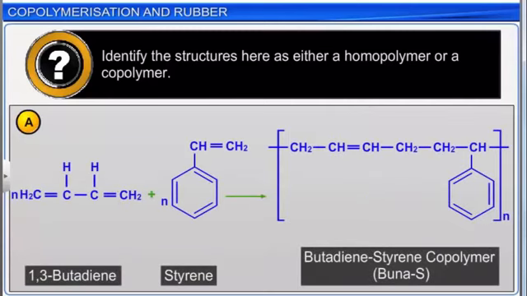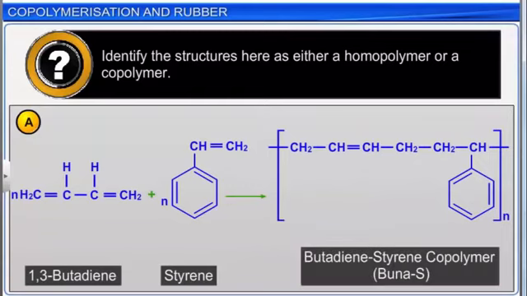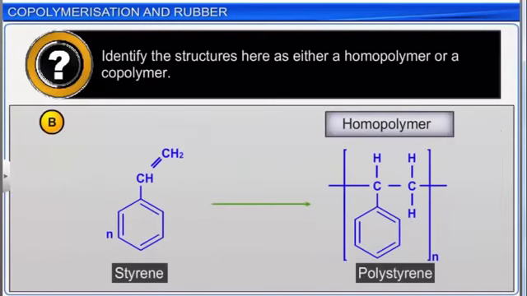Structure A is a butadiene-styrene copolymer, Buna S. The monomers used are 1,3-butadiene and styrene. Structure B is a homopolymer, polystyrene. It is made from styrene monomers.